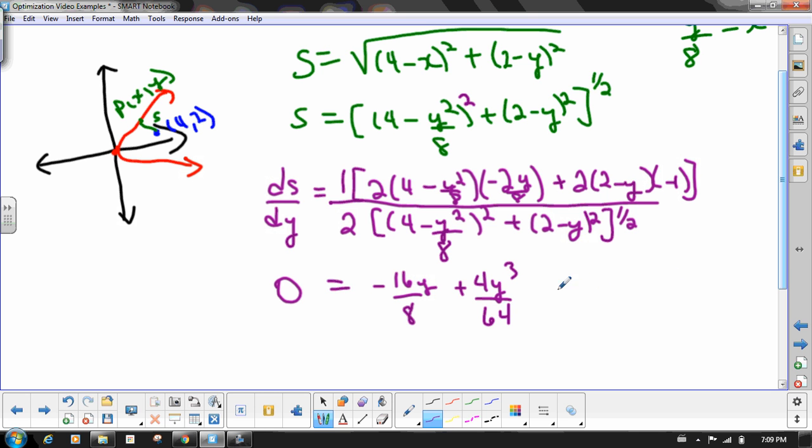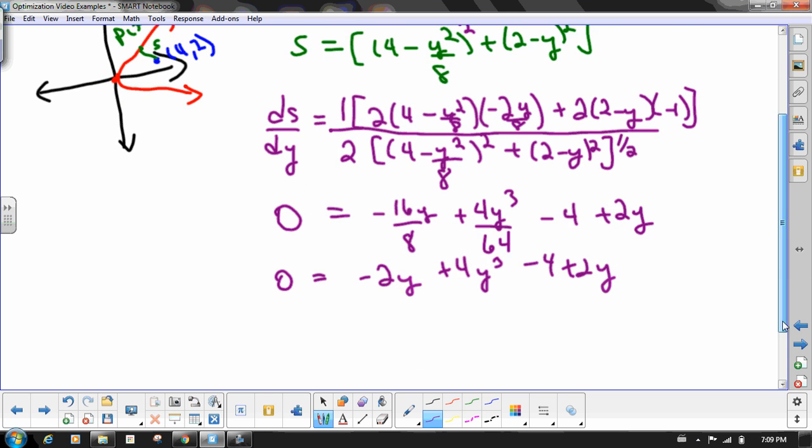I'm going to reduce this afterwards. Then I'm going to have minus 4, and plus 2y. Negative 16 divided by 2 is negative 2y, plus 4y cubed, minus 4, plus 2y. So the 2y's become 0.